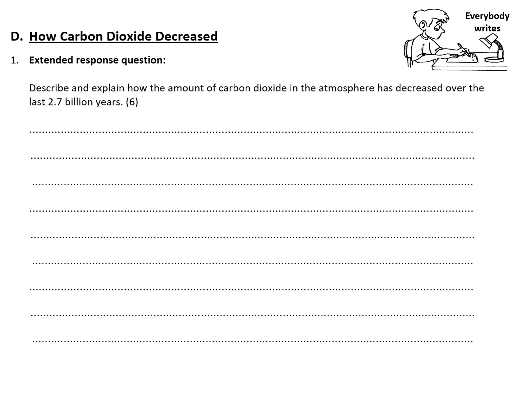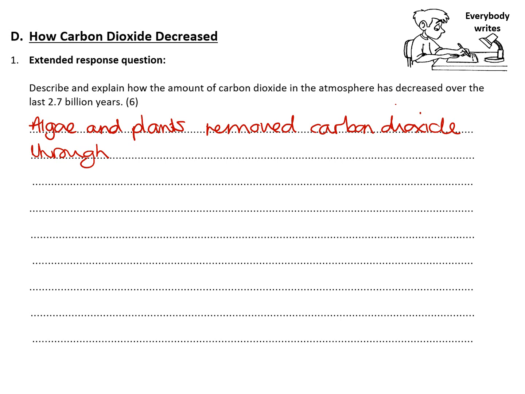So first of all, what happened is the algae and plants removed carbon dioxide through photosynthesis. Okay, and we also had some carbon dioxide removed in the formation of fossil fuels.